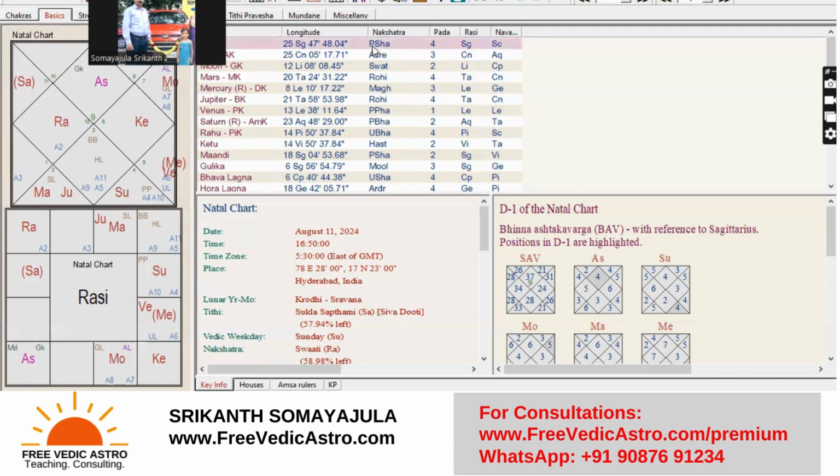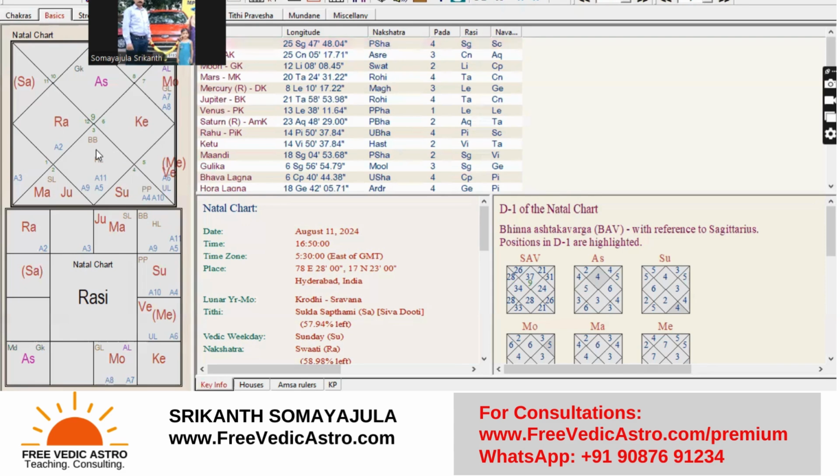So this is Purvashada fourth. That is the eighth pada. If we know how to calculate padas, Sagittarius starts from Mula. So you have Mula four padas, Mula 1, 2, 3, 4. Then we have Purvashada 1, 2, 3, 4. That will make up to 8 padas.